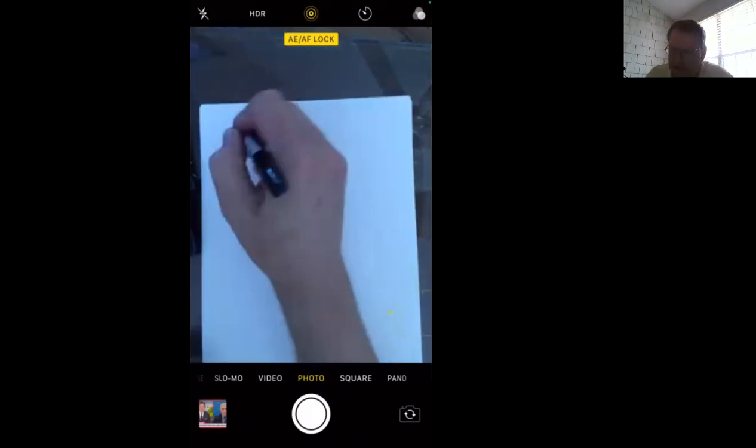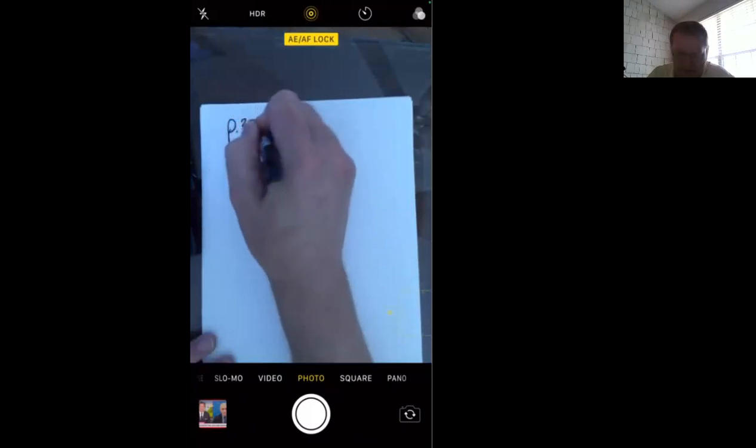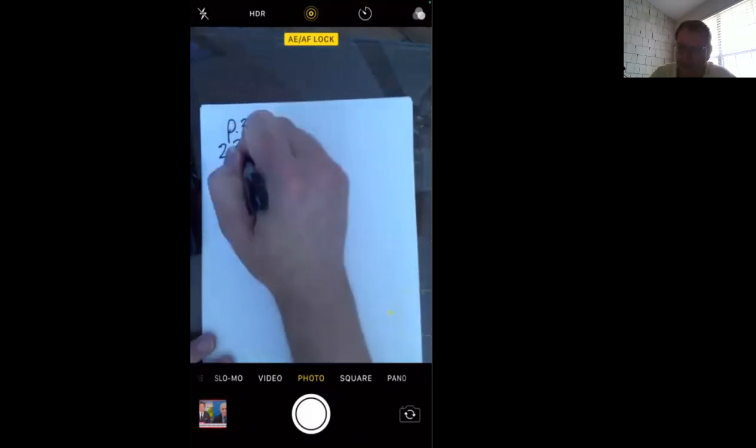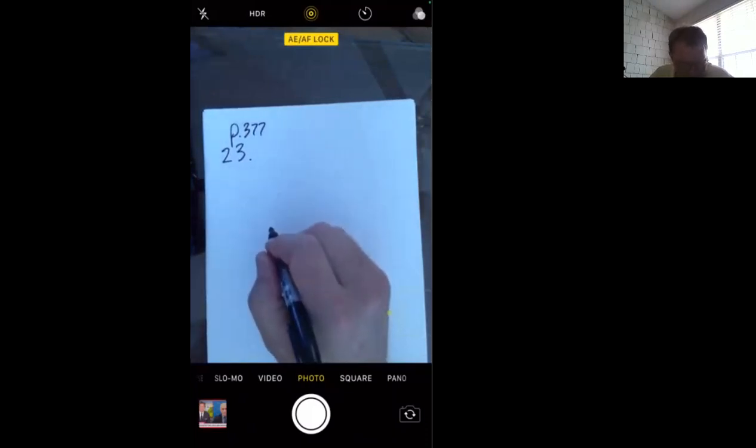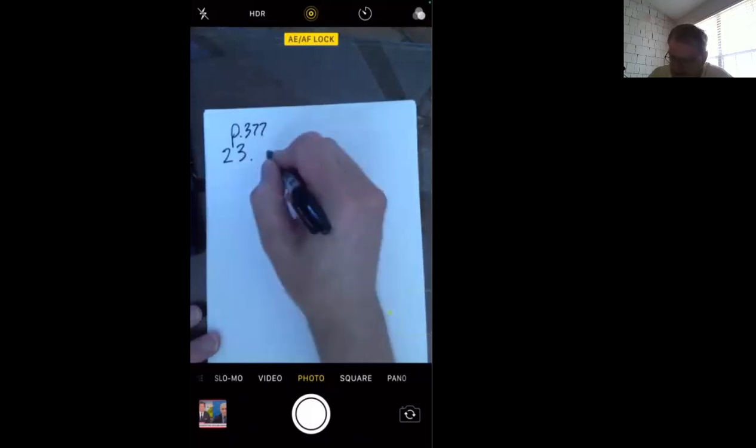This is page 377, number 23. Using the data from Yahoo Finance, monthly rates of return are normally distributed. A lot of digits in these numbers.